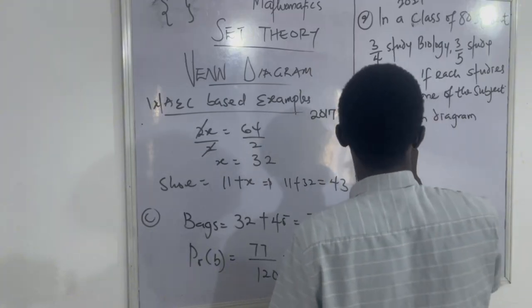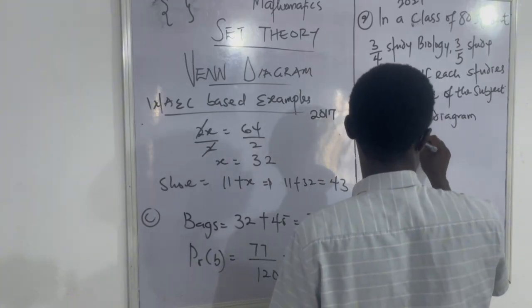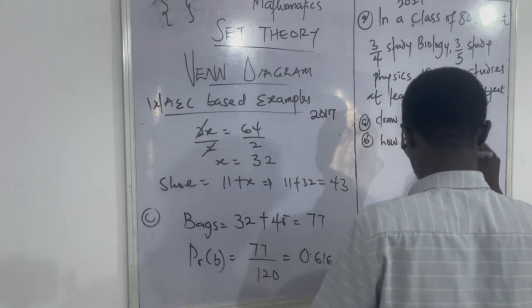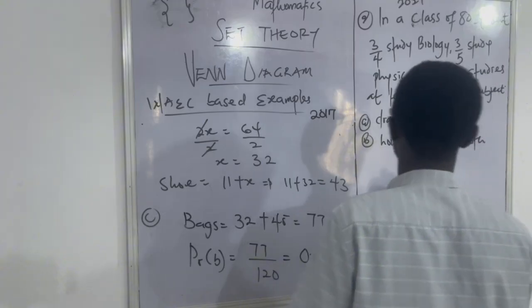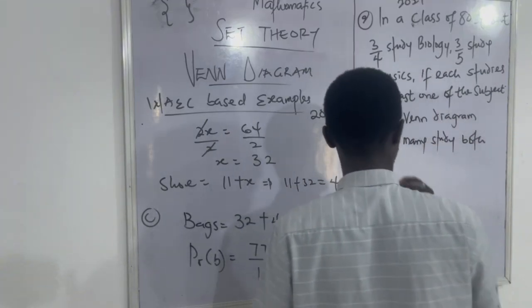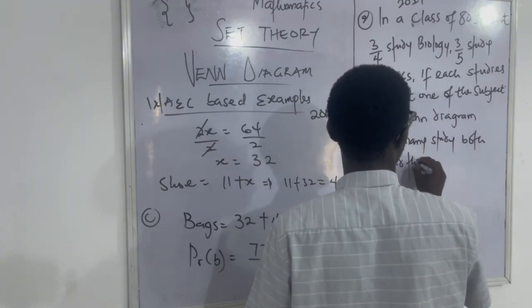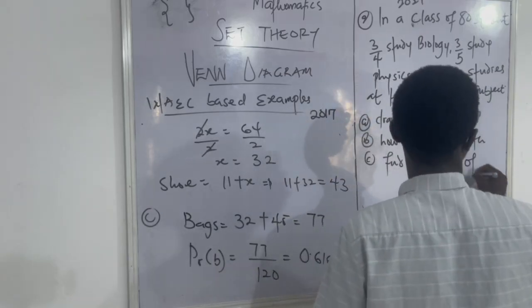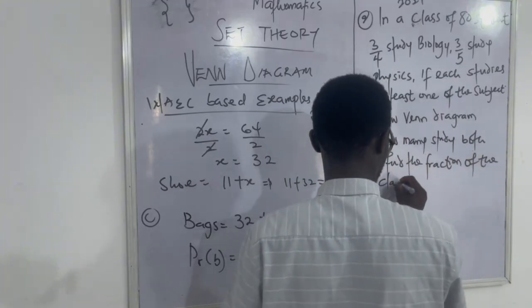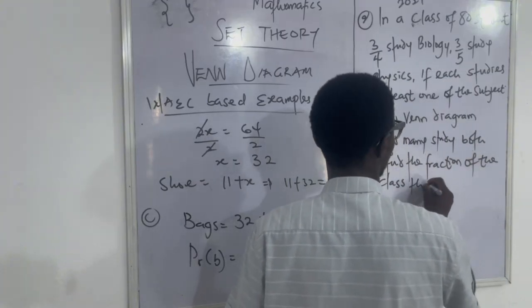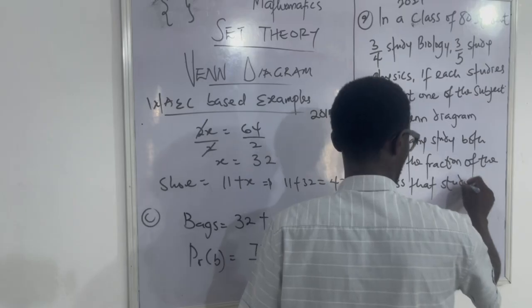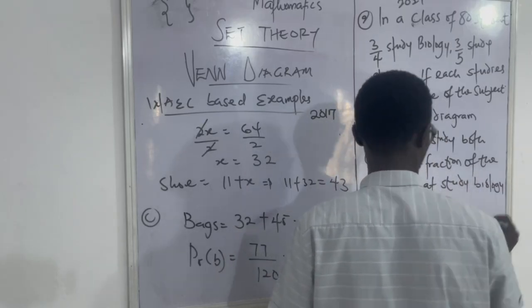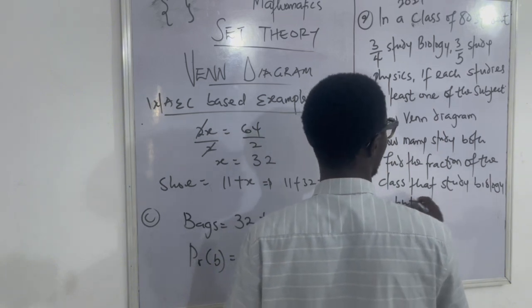B. How many students study both subjects? And the last one, find the fraction of the class that study biology but not physics.